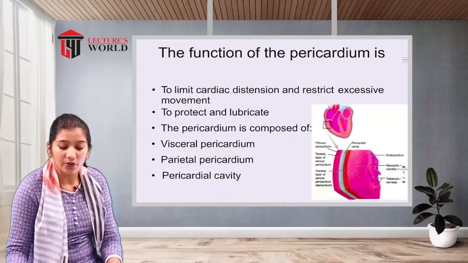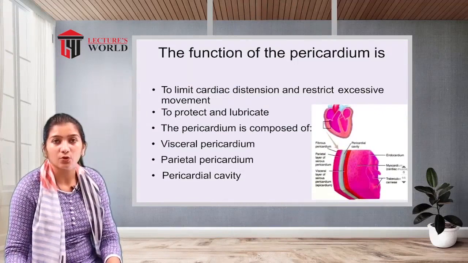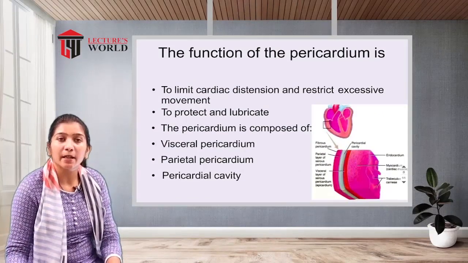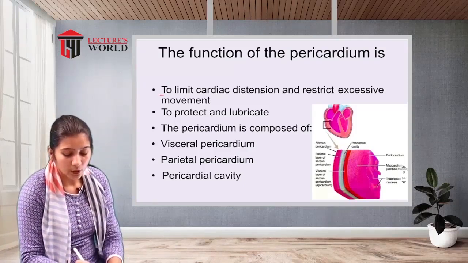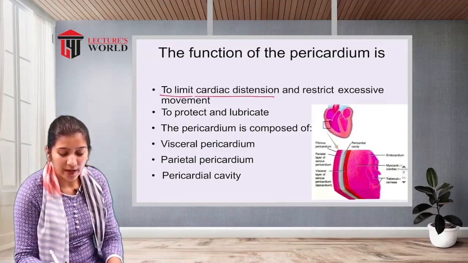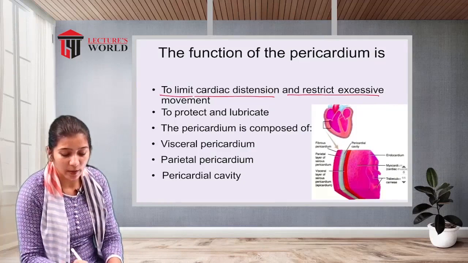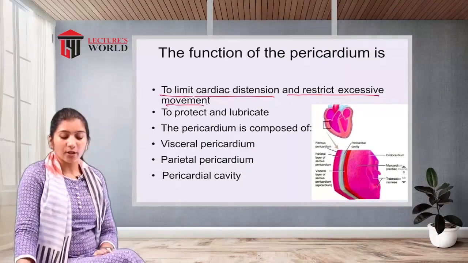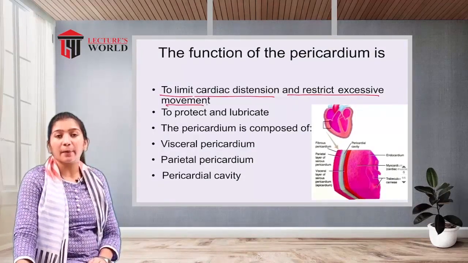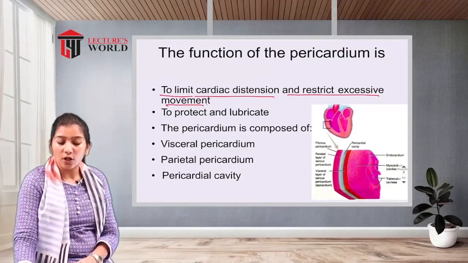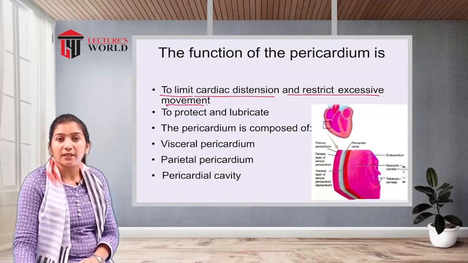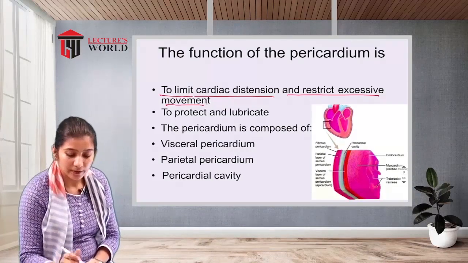Next is the function of the pericardium. So how is the pericardium layer helping our heart? To limit cardiac distension and restrict excessive movement. Okay, so the pericardium layer is helping to prevent the distension of the heart, and it also restricts the excessive movement of the heart.